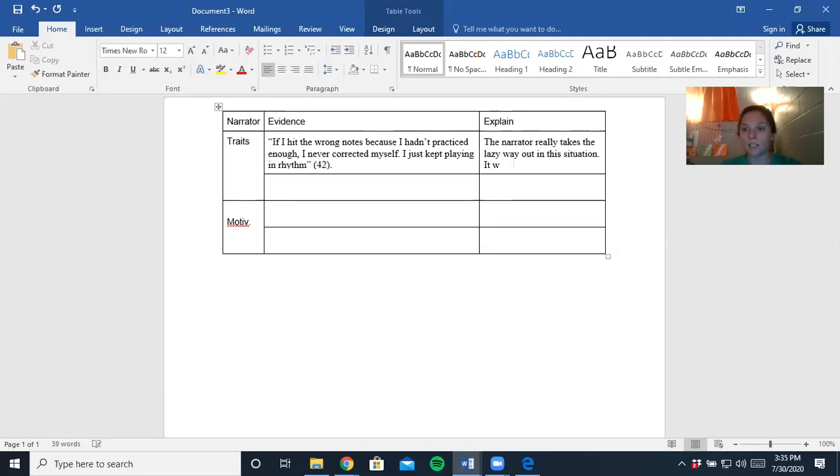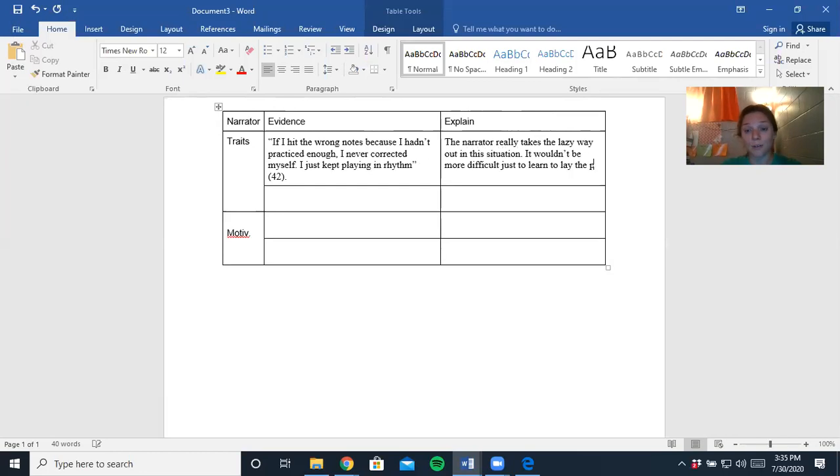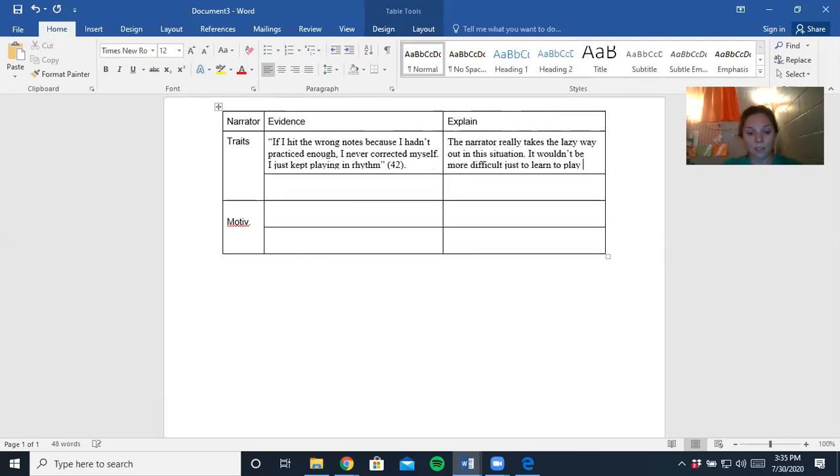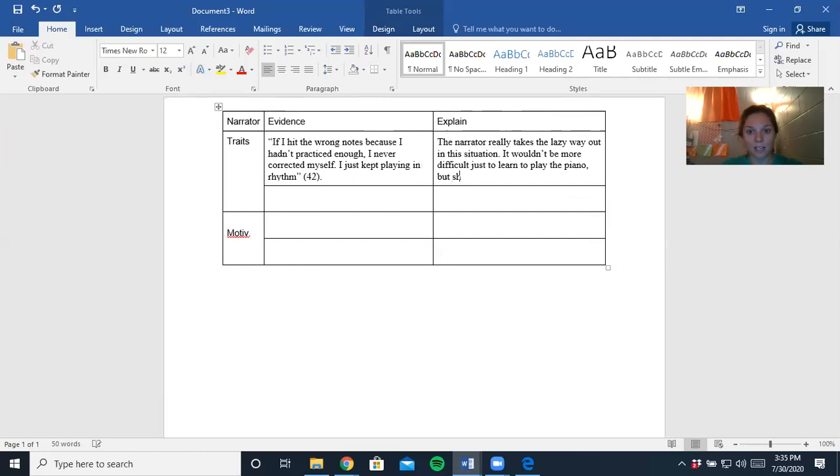It really wouldn't be more difficult just to learn to play the piano, but she doesn't try. I think that makes her lazy.